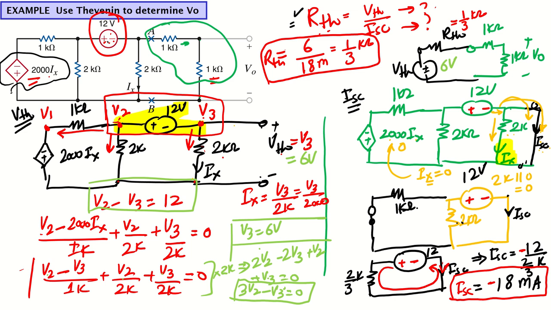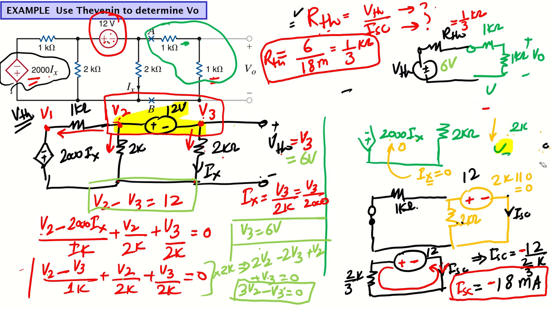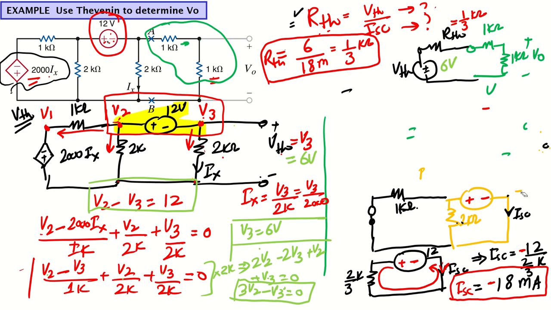This way we can analyze this circuit to find the desired equivalent circuit. Now we have our equivalent circuit. Our target was to find V naught. How can we find V naught now?